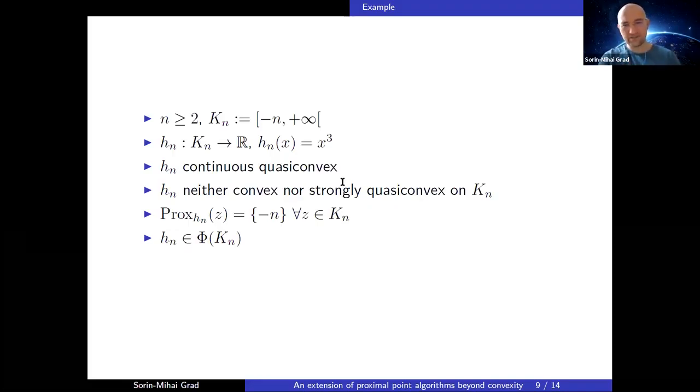For instance, this one is not strongly quasi-convex. So again, we found, let's say, we draw a line between two classes of functions, the new one and some known one, and such a function again is prox-convex in the sense we defined.